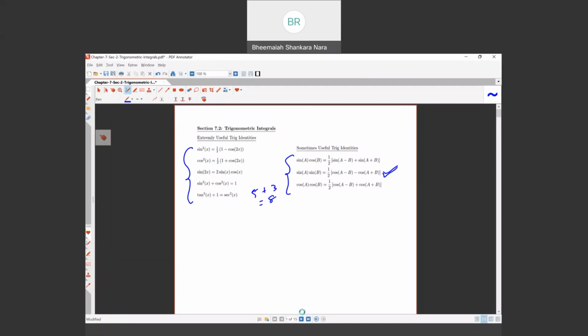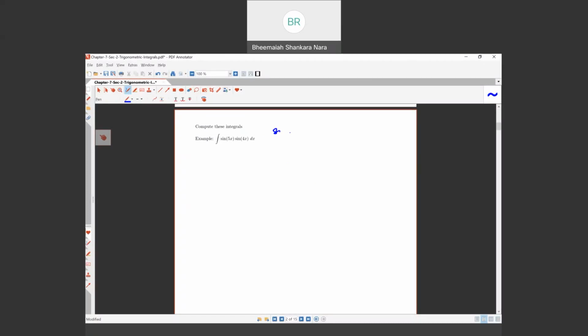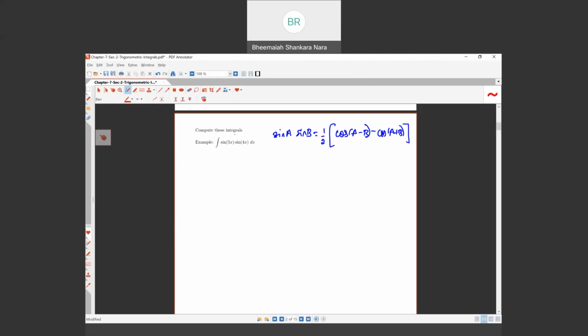So let's use this. So let me write that identity here. Sine A times sine B equals 1/2, open a big square bracket, cosine of A minus B minus cosine of A plus B. So here are the functions A and B. A is the angle 5x and B is the angle 4x.